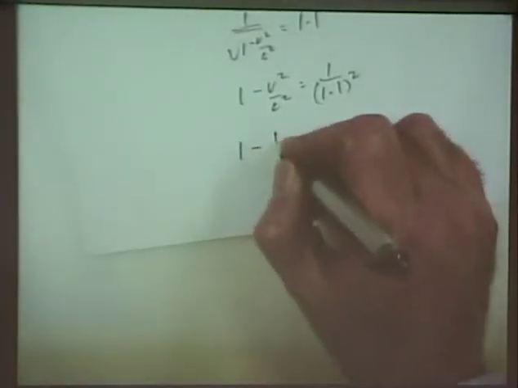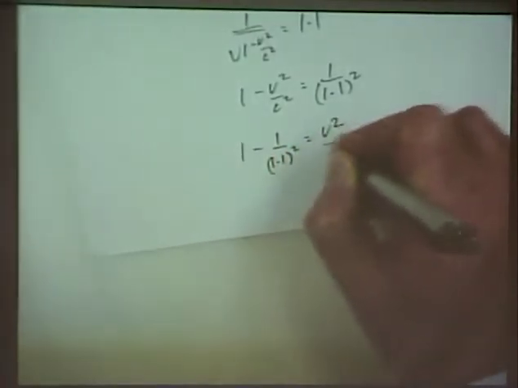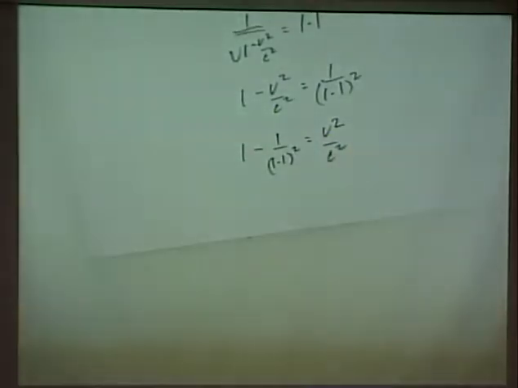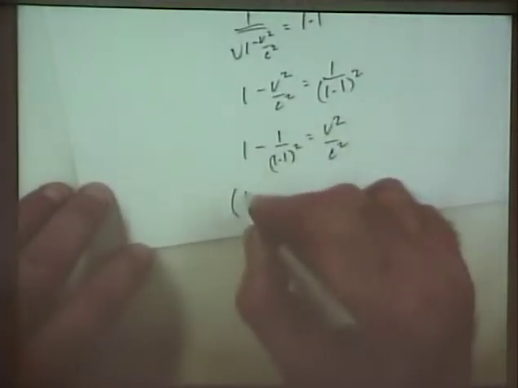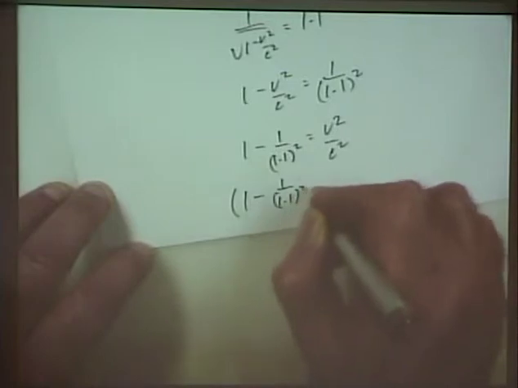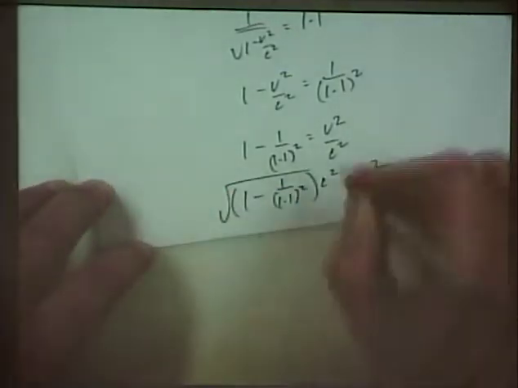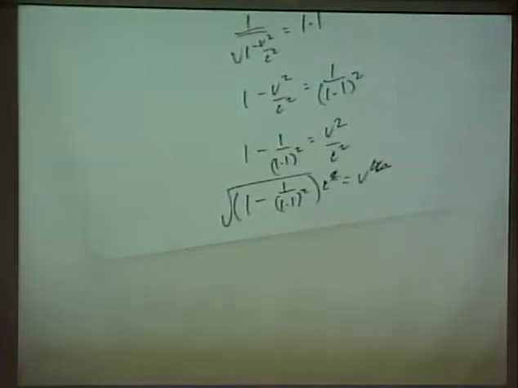So I wind up with 1 minus 1 over 1.1 squared equals v squared over c squared. And so basically I wind up with 1 minus 1 over 1.1 squared, times c squared, equals v squared. So you take the square root of that, and you wind up with what your v is in terms of c.